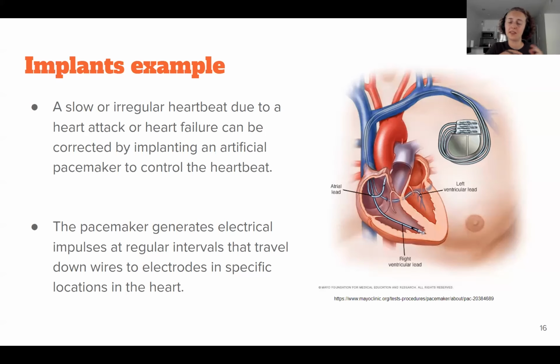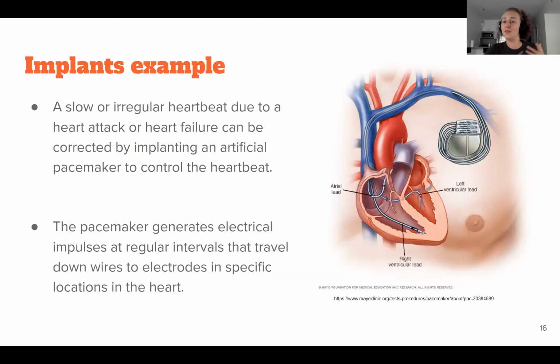So just another side note, like we said, we need to consider that this is inside the body. So if you're interested in materials science, for example, materials science plays a very big role in implants, and it's often called biomaterials for that reason, because we need to be very careful about what kinds of materials we use. We want to make sure we use things that are non-toxic, of course. We don't want anything to cause an allergic reaction. We don't want it to cause irritation, but we also need to consider that the inside of the body can be a very harsh place.